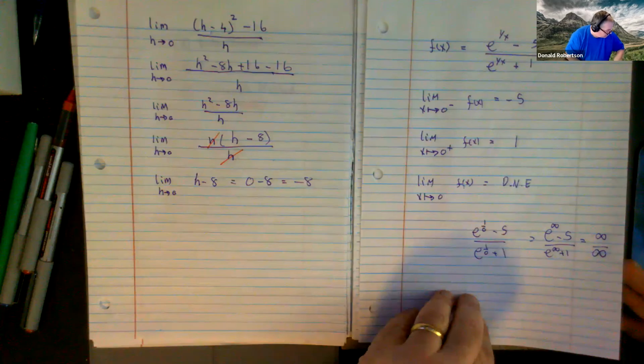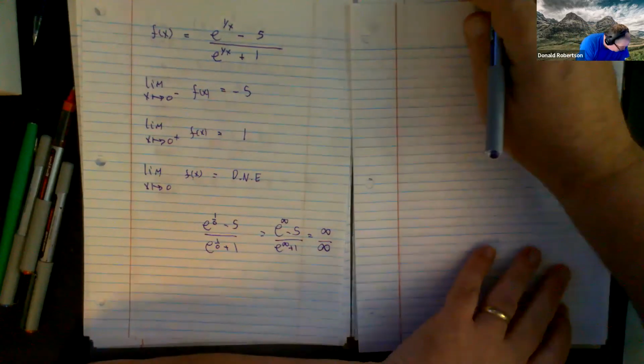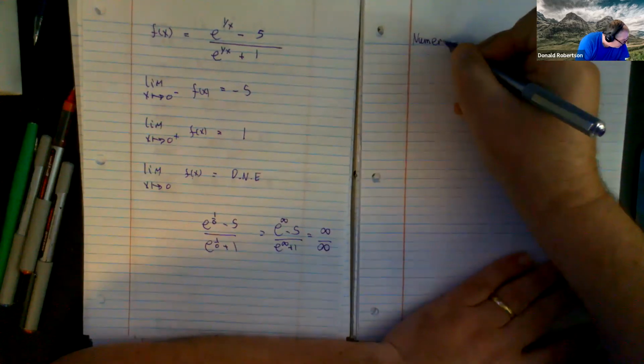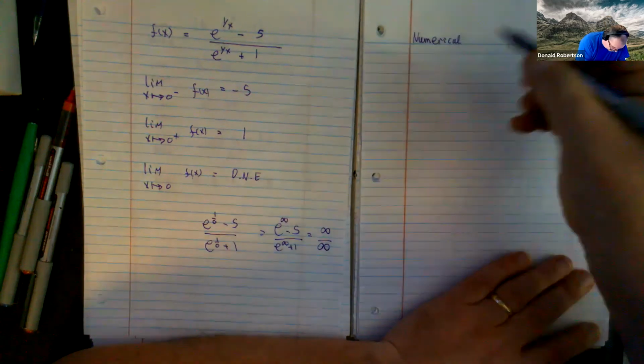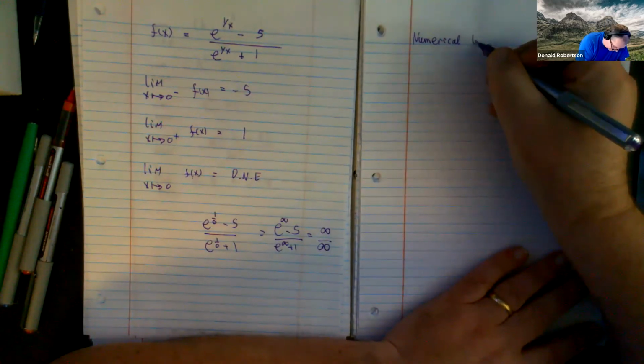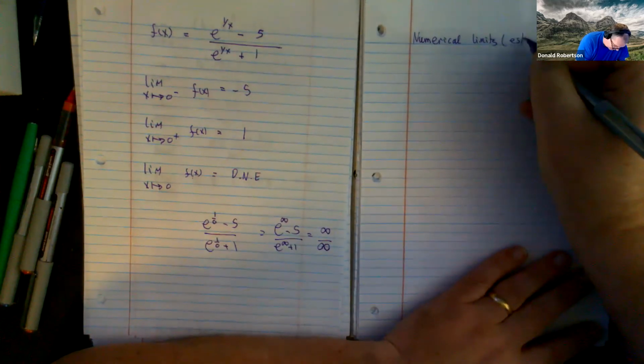Next fella we're going to do is numerical. I'll have to be pretty quick with this one. So we're going to find numerically what our limit should be. Actually, when you do it numerically, it's really an estimate of what the limit should be.